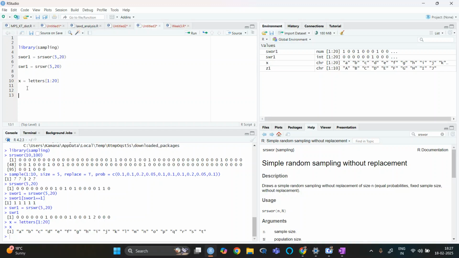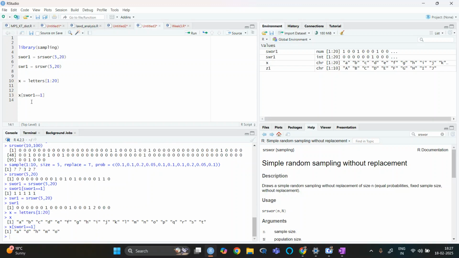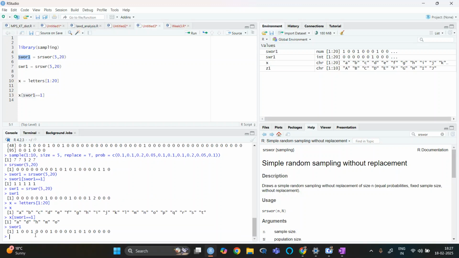Now, if I take x such that SWOR1 here, we have 1 0 0 1, and then 0 0 0 1, and so on.